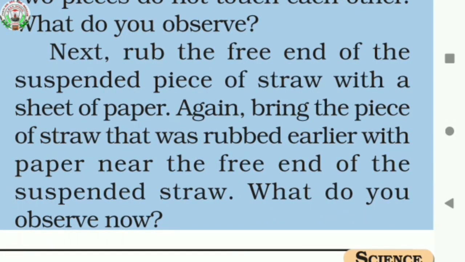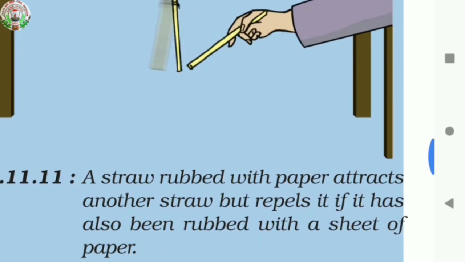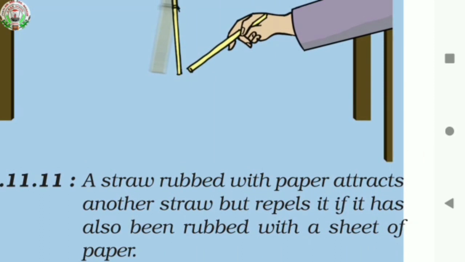Next, rub the free end of the suspended piece of straw with a sheet of paper. Again, bring the piece of straw that was rubbed earlier with paper near the free end of the suspended straw. What do you observe now? You can see that a straw rubbed with paper attracts another straw but repels if it has also been rubbed with a sheet of paper.